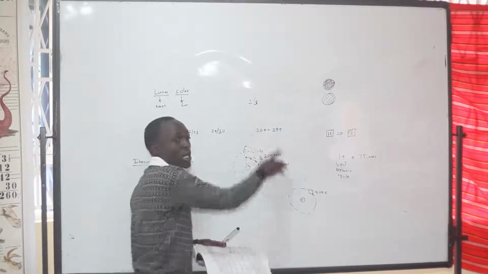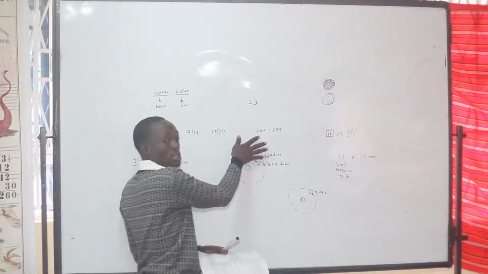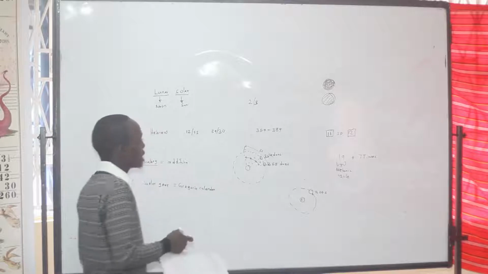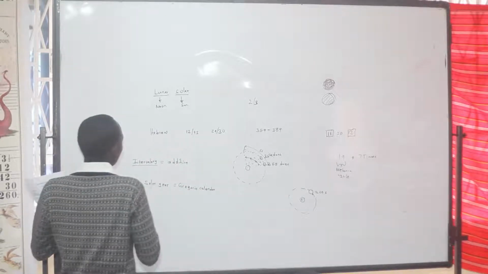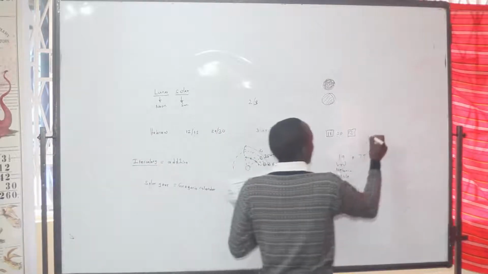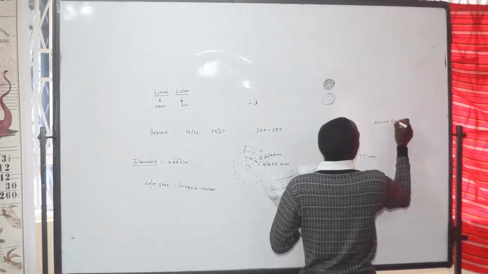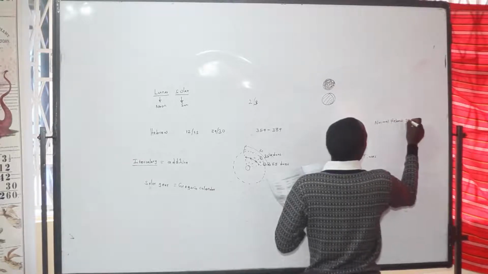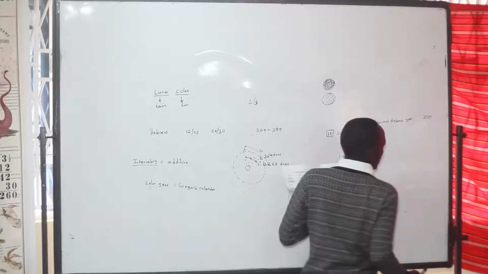But if we take away 1 day from the 9th month, how many days remain? 353, okay? So I'm saying, when you speak of a normal Hebrew year, it is approximately 354 days.